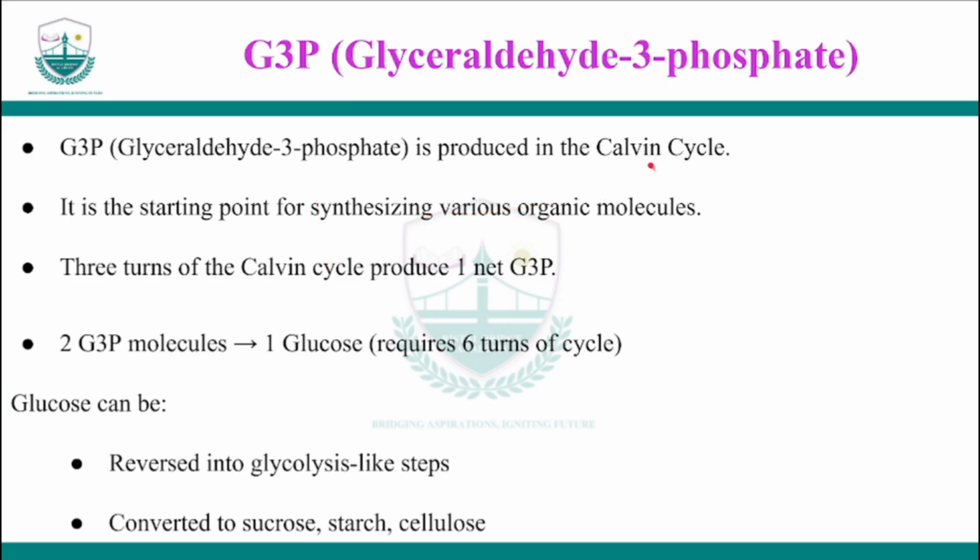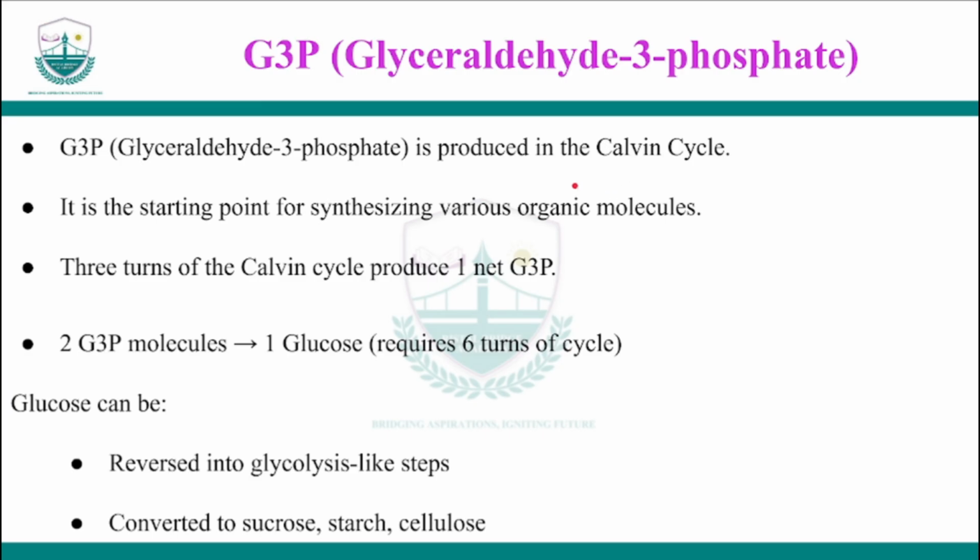This is produced in the Calvin cycle, and it comes from PGA, phosphoglyceraldehyde.